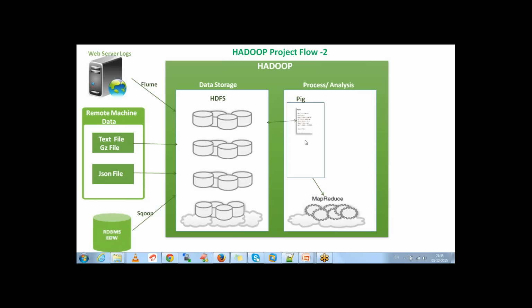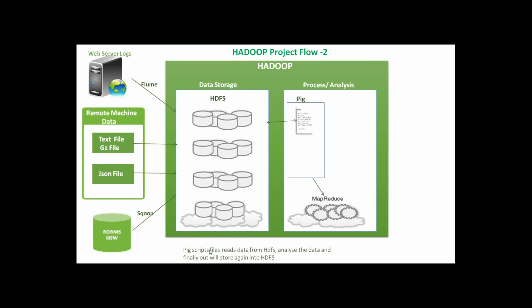In Oozie, workflow means we specify the order of the jobs: first an HDFS job, next a MapReduce job if you want, or a Hive job, then a Sqoop job. That we call a workflow. Data flow is the flow of the data, how it needs to be processed.